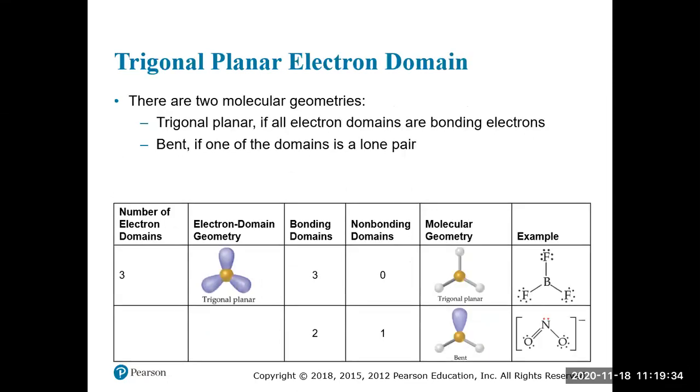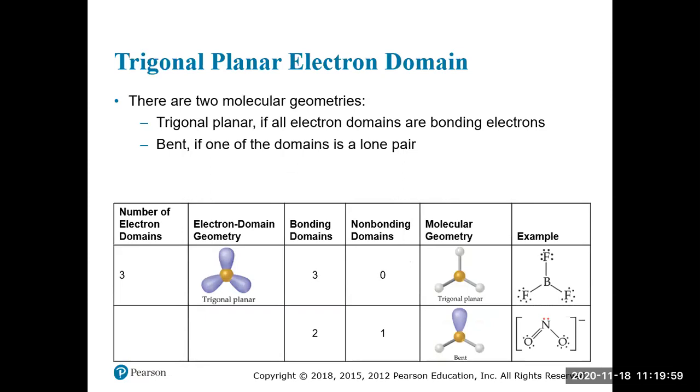Let's go to the trigonal planar electron domain. For trigonal planar, we would have 3 as our number of electron domains, and we see the electron domain drawing there, and that's that trigonal planar. But then we have a couple of choices. One is if all the electron domains are bonding domains.